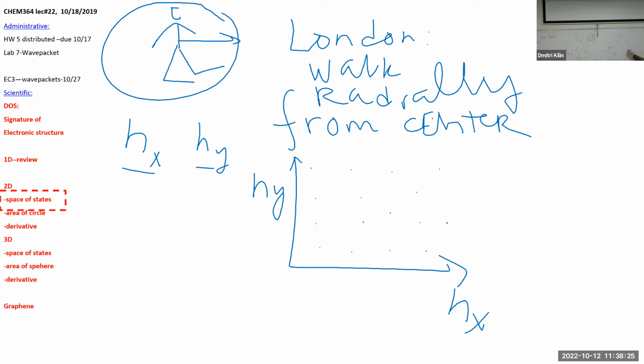For example, it could be no excitations, ground state with respect to y, but first, second, third excitations along n_x. Or it can be the opposite: no excitations along x, but second, third, fourth along the y direction. So to specify any quantum state of this two-dimensional box, we need two quantum numbers. Right?